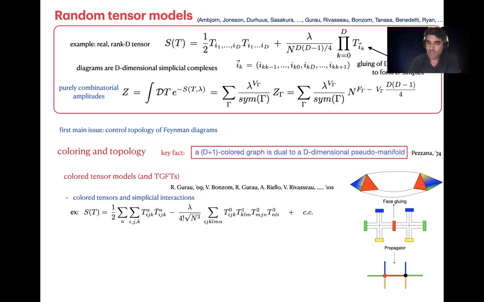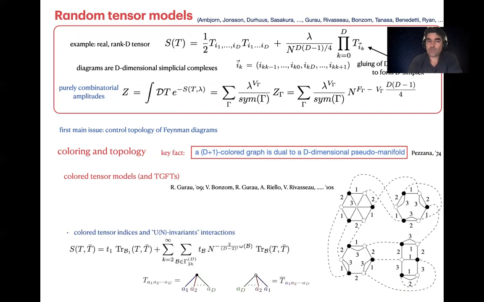You have several tensors, each labeled by a color, with some restrictions on how they can be identified, how they can interact with one another, and which tensor degree of freedom can propagate to which. And an example is depicted in the slide.